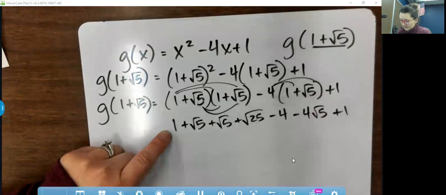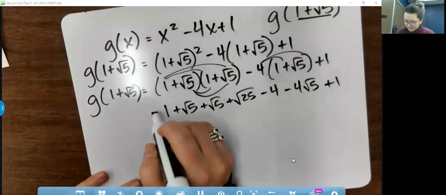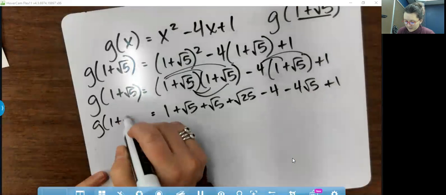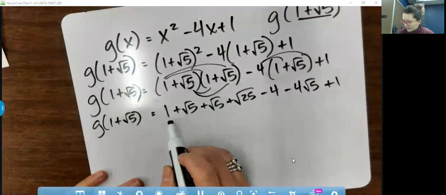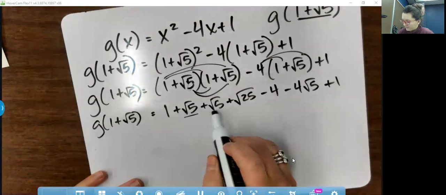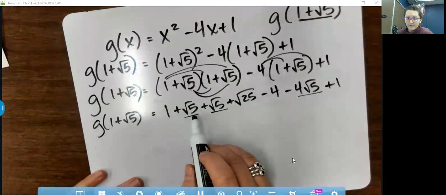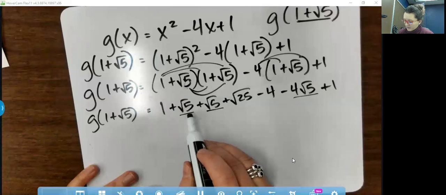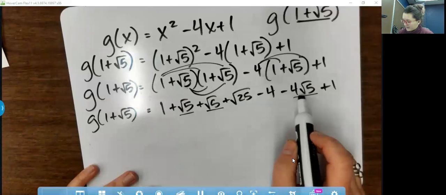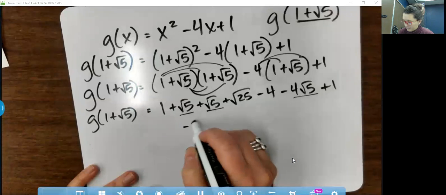All right, let's simplify a little bit here. I don't want to forget my beginning. All right, so let's add our like terms. I have 3 terms that have root 5, so I'm going to add those together. So I have 1, 2, minus 4 is negative 2 root 5.